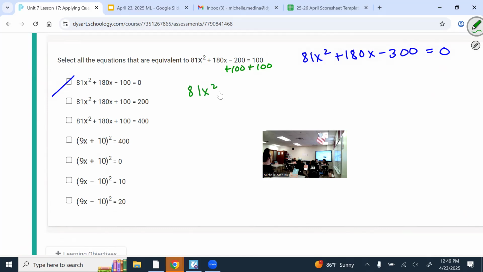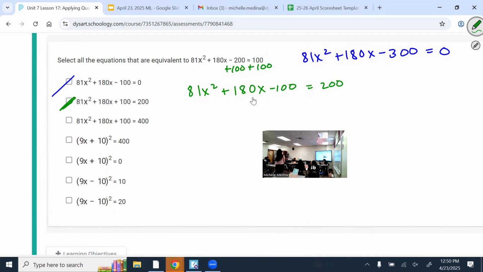So for that, I would get 81x squared plus 180x. What's negative 200 plus 100? Close, it'd be negative 100 because you had negative 200, but you added 100. So on the right side, it would equal 200. So that is not this.